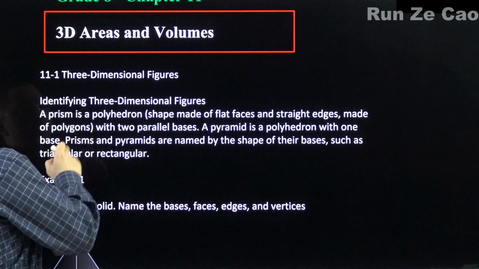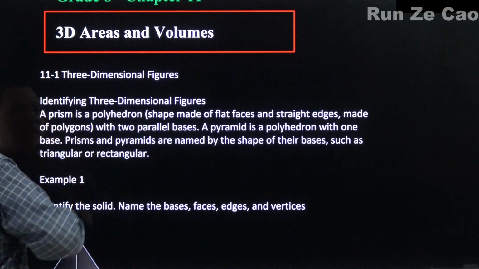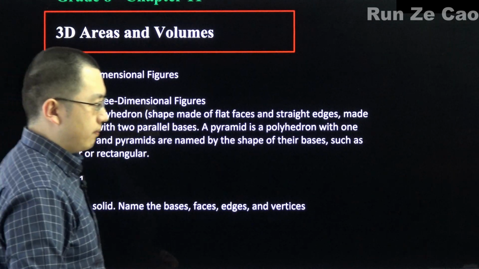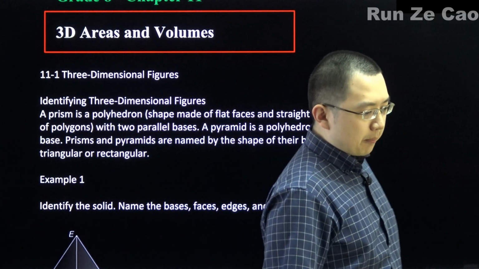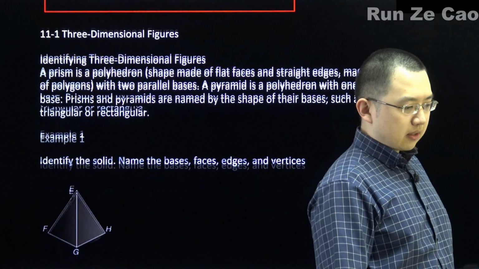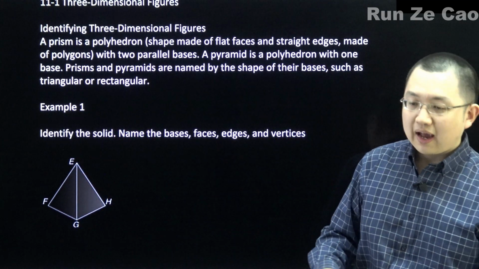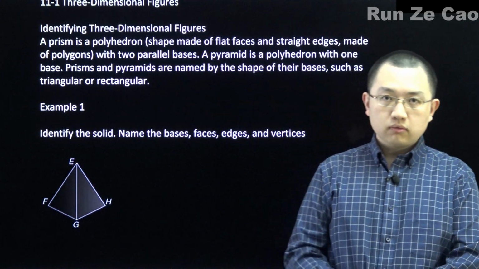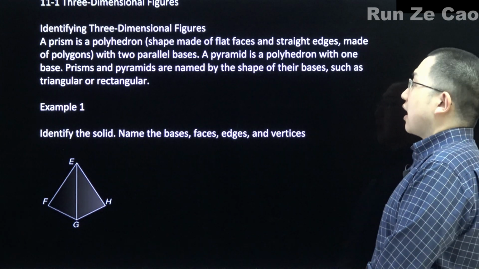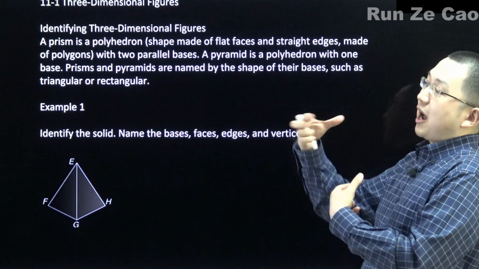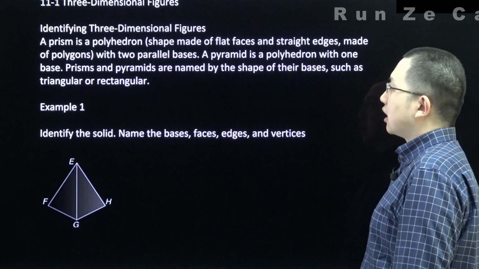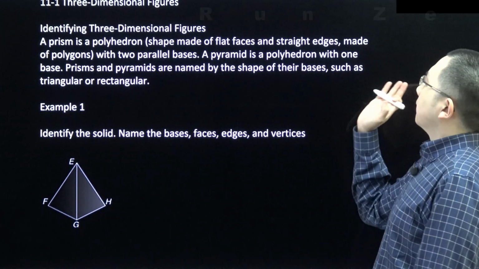And there are two parallel bases if it is a prism. A pyramid is a polyhedron with one base. The two parallel bases in a prism also have to be identical, so they have to be congruent. They have to be the same. And you can't rotate them either, otherwise this gets really complicated really fast.